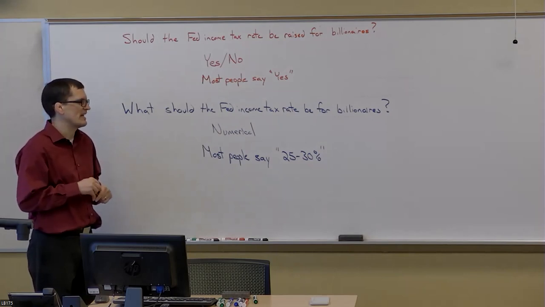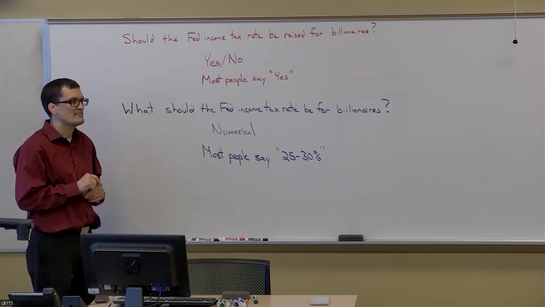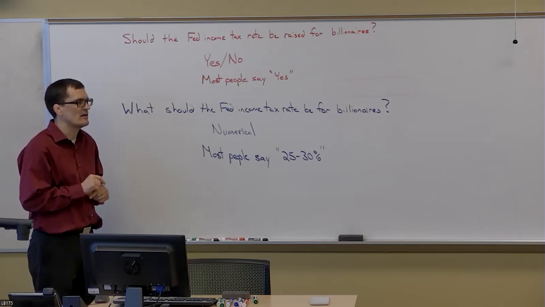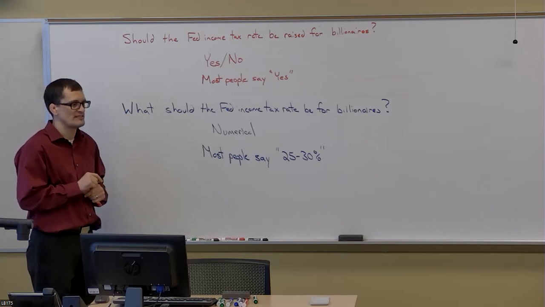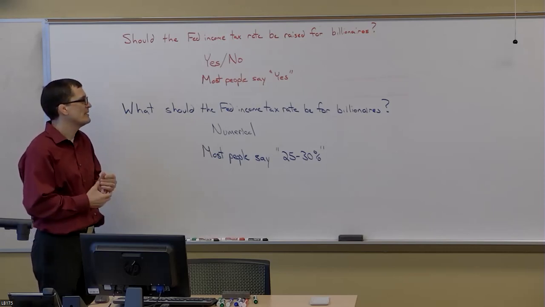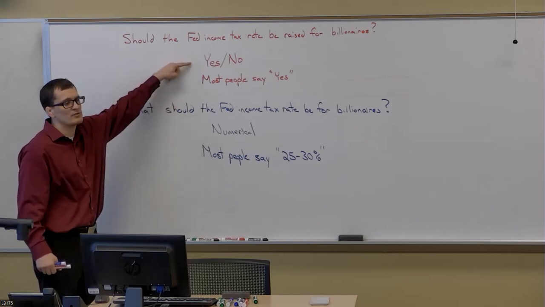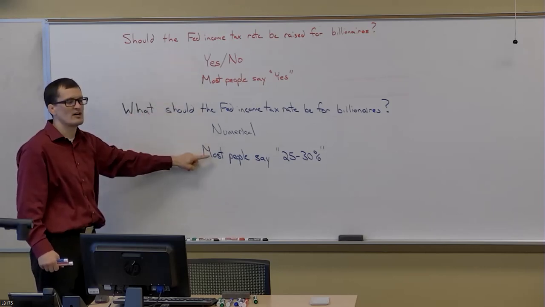Well, the issue with that is that we looked at tax brackets earlier in this semester. The highest tax bracket on income taxes, again, remember, income taxes, is already at 37%. So a lot of people would have said yes, raise it to something that it's already lower than.